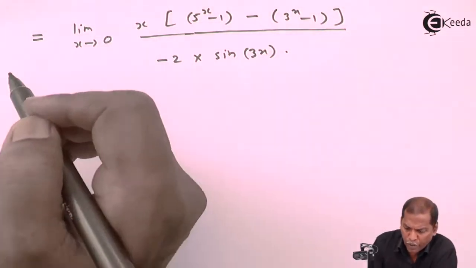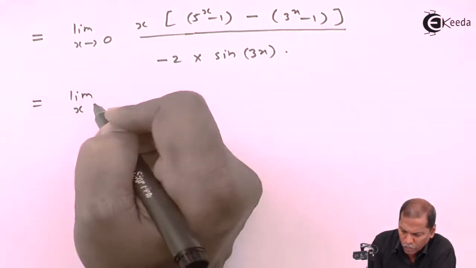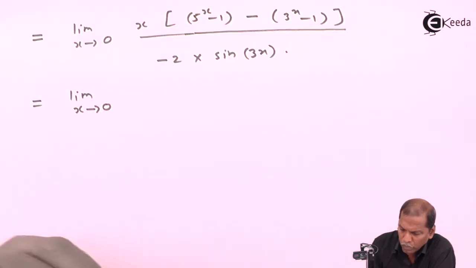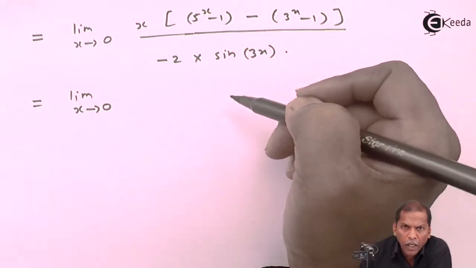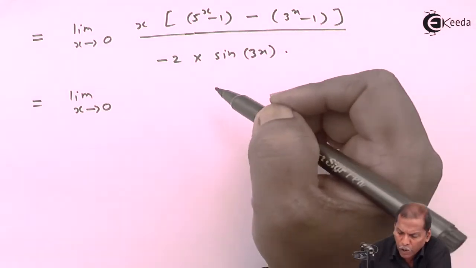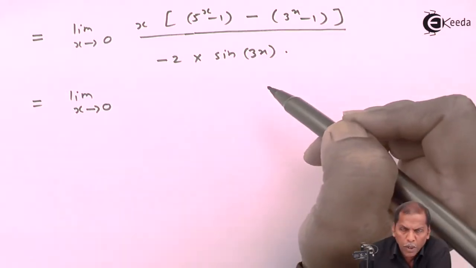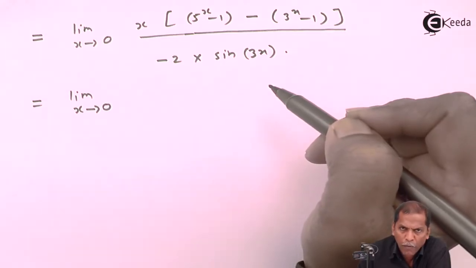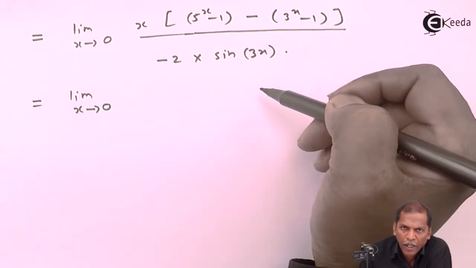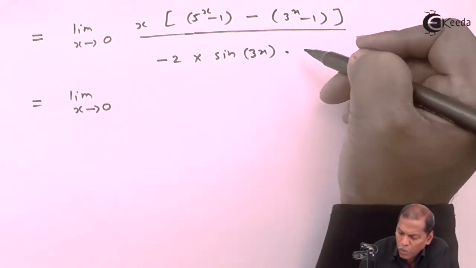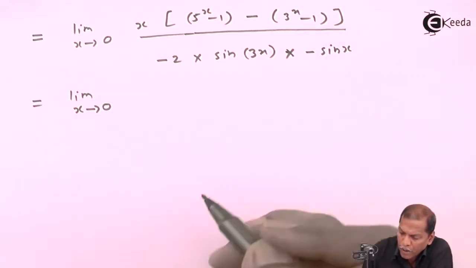So the next step is equal to limit x tends to 0. Now here in the above step, in the denominator we have minus 2 into sine of 3x into sine of minus x. By using the formula that sine of minus theta is equal to minus sine theta, here we get minus sine of x.